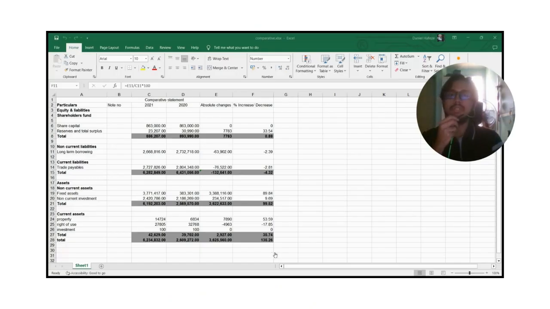Assalamualaikum and good morning. My name is Muhammad Hafiz Daniel, and for my part, I'll be talking about the comparative statements of MRT Corp's financial statement. Now, what are comparative statements?